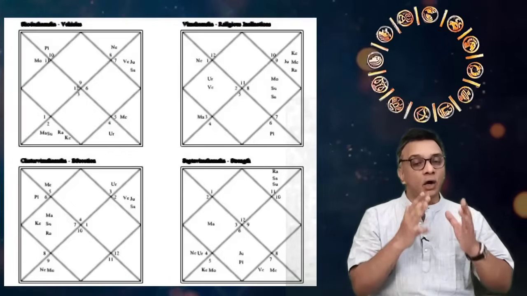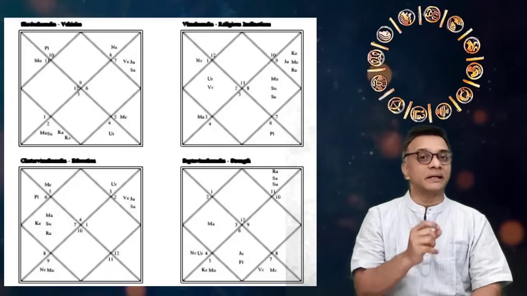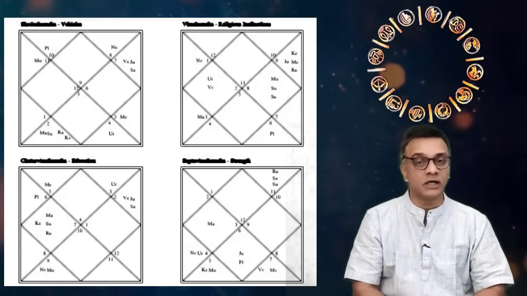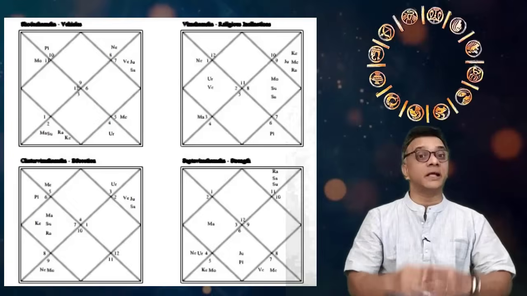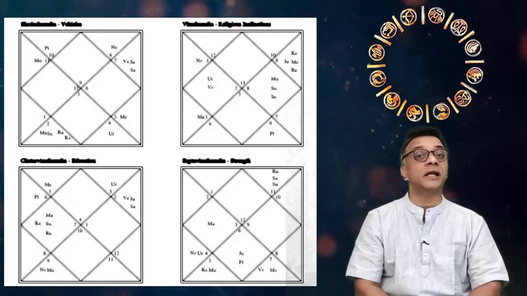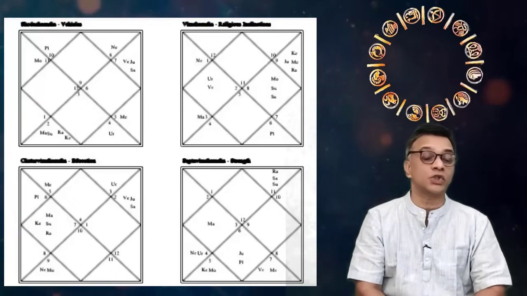So give a lot of importance and focus to understanding the D1 chart and the D9 chart, the Navamsa chart. Understand the Lagna Lord's position, understand the Lagna's positions, understand how the different houses are talking to each other.